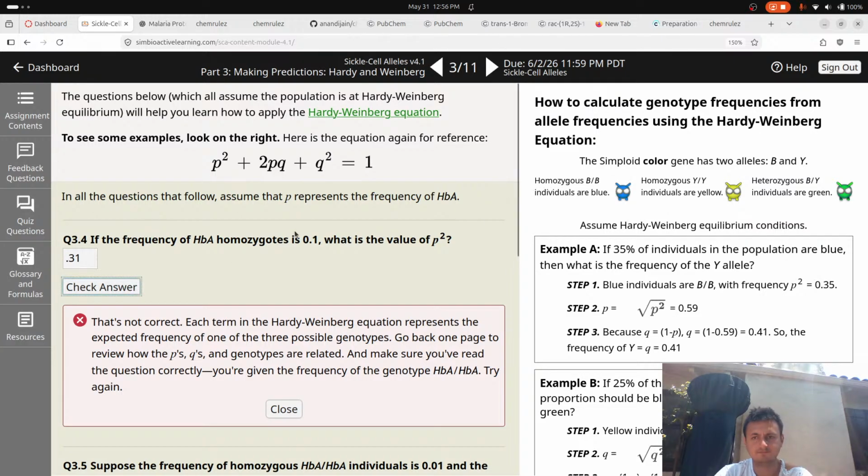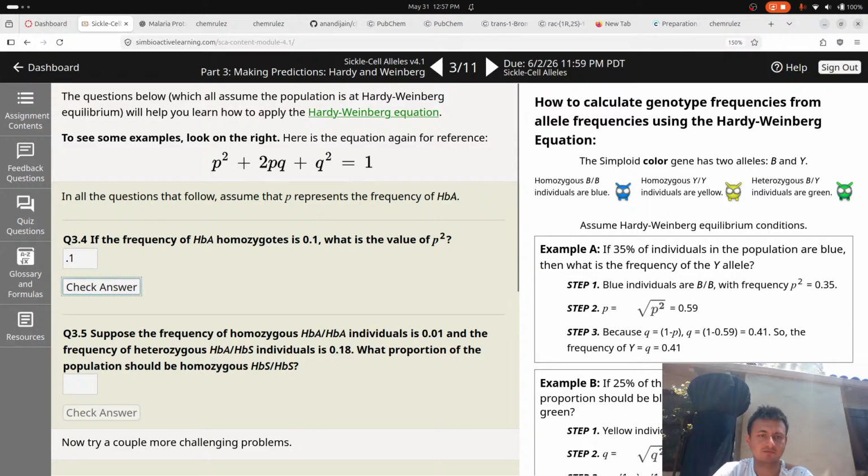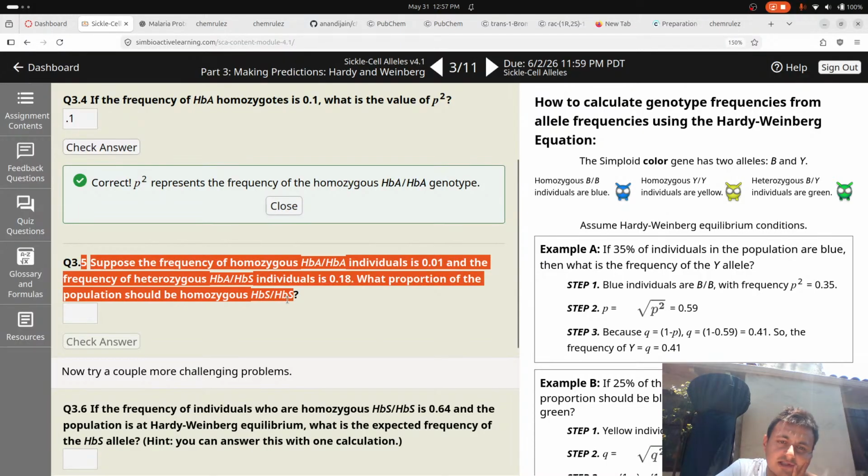What? The frequency of HBA homozygotes is 0.1, so p squared equals 0.1. Oh wait, I'm so dumb. I thought they were asking something else. Suppose the frequency of homozygotes.